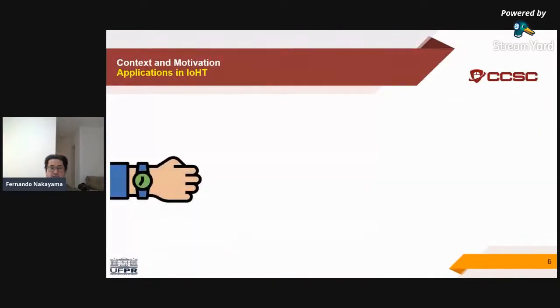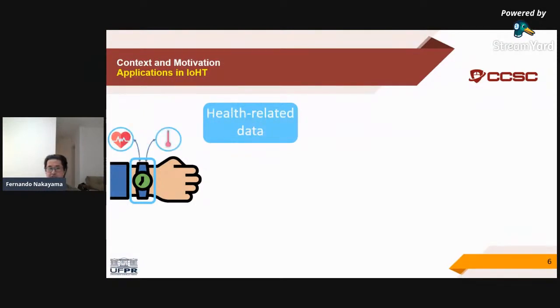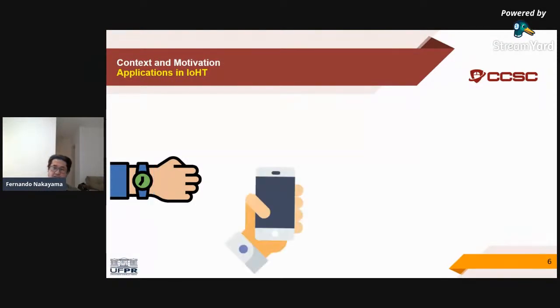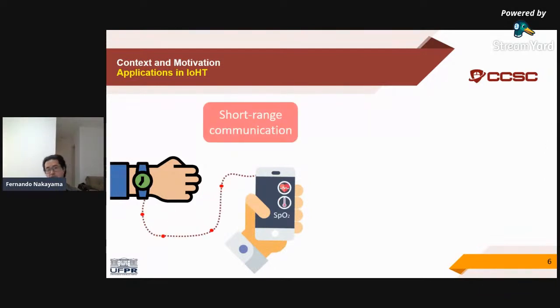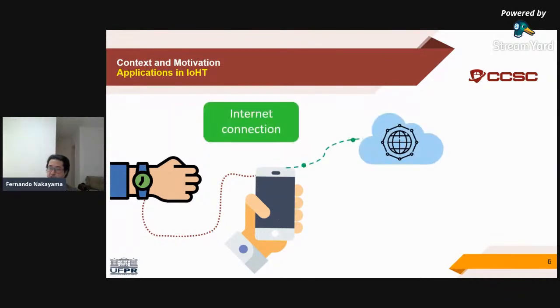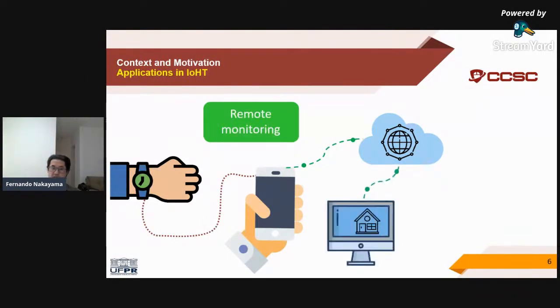The applications in IOHT consist mainly of an IOHT device that collects health-related data. The data is transferred to a coordinator device using some type of short-range communication technology such as NFC, Bluetooth, or Zigbee. The information is later transmitted to the internet through a communication gateway and is made available to granted users and also to healthcare professionals.